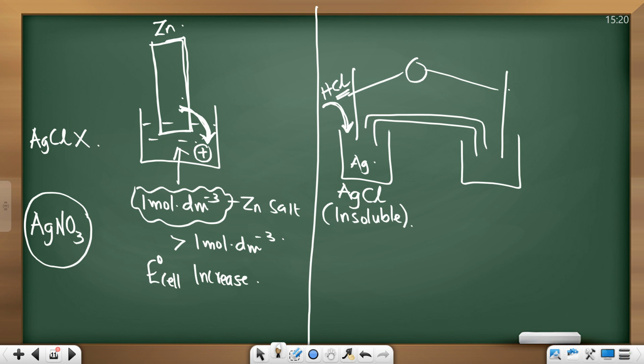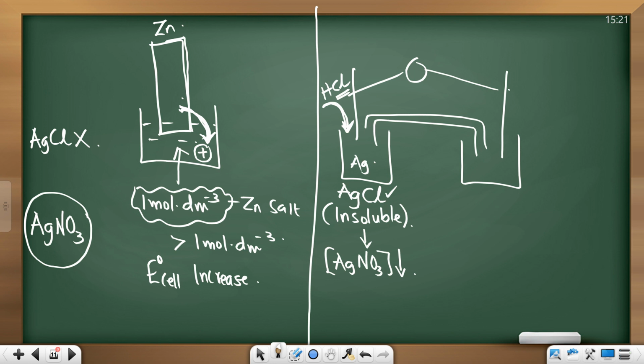So an examiner says we add HCl to this. What do we form? We form AgCl, which is insoluble. What does that mean? It means the concentration of our silver nitrate salt will then decrease. Please take note of the sequence.